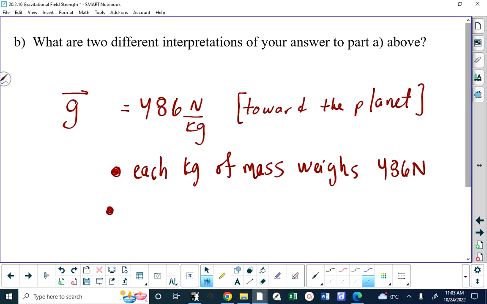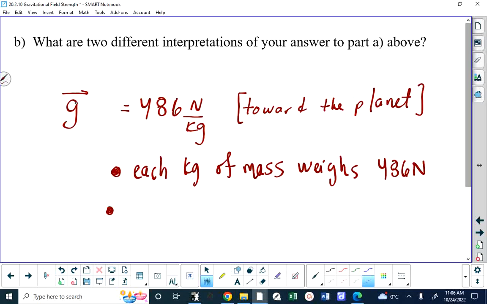What's another interpretation of that number? On Earth, would you agree that the equivalent statement would be each kilogram of mass on the surface of the Earth weighs 9.81 newtons?